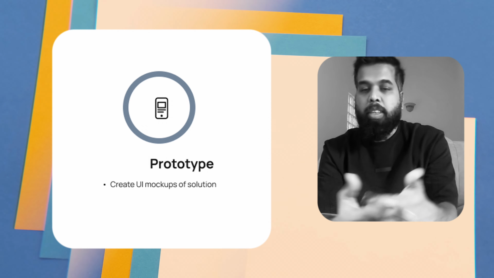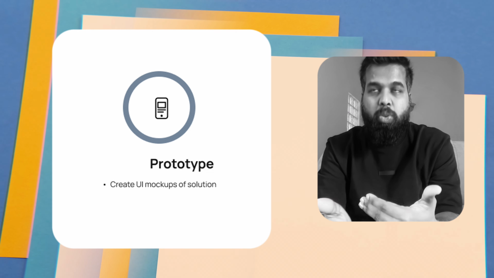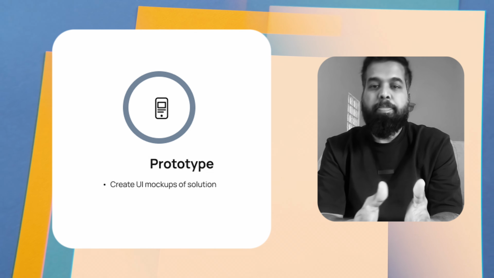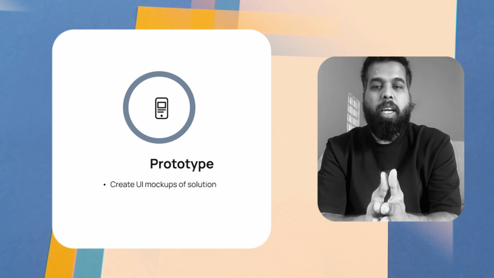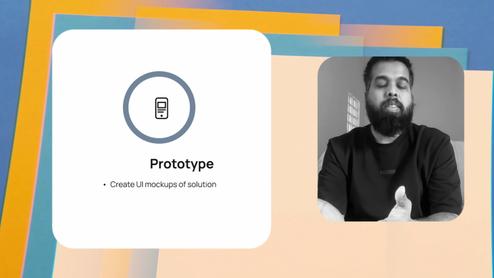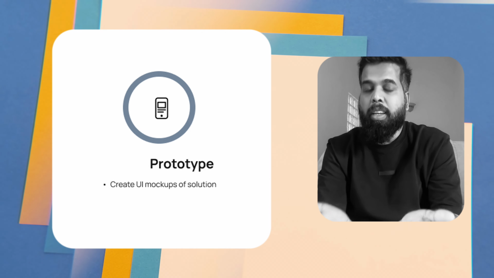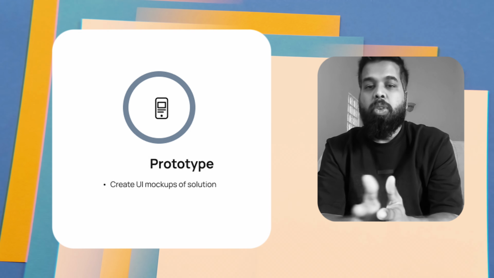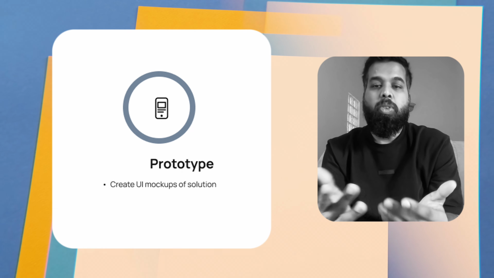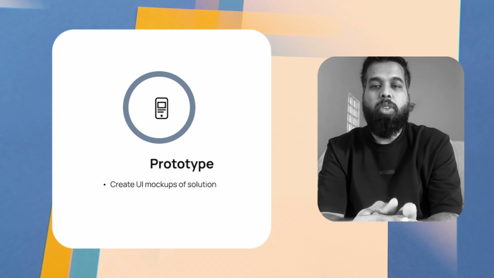After understanding your users, you can decide on the typeface. And finally, when we do the prototyping, we can use applications such as Figma, Adobe XD, or Apple Sketch app to do these wireframes and UI mockups, and present the solution to your users.